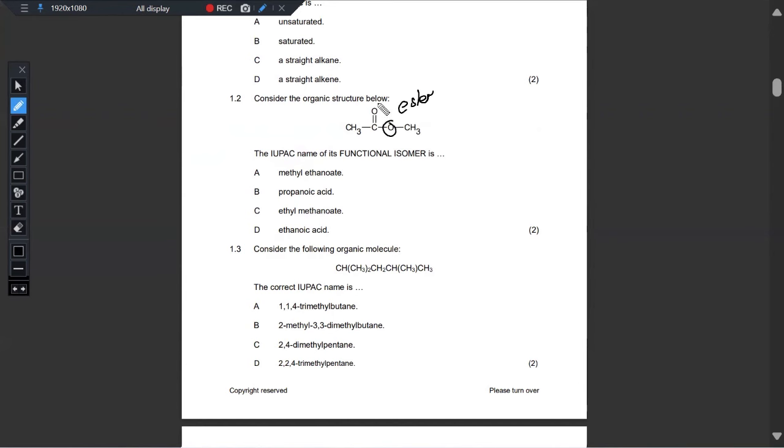With the O here dividing the side for the carboxylic acid and then the side of the alcohol, right? So this ester here would be what we know as methyl ethanoate, right? Methyl ethanoate. Now they say the IUPAC name of its functional isomer. They want the IUPAC name, not of this one, but of its functional isomer.